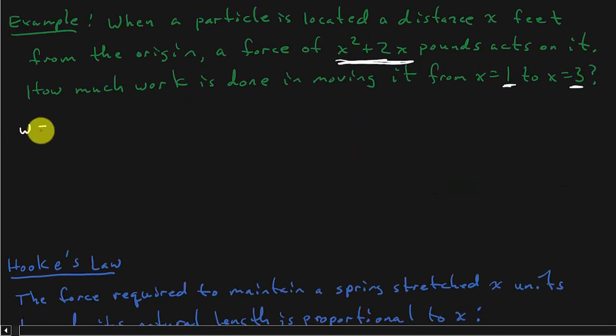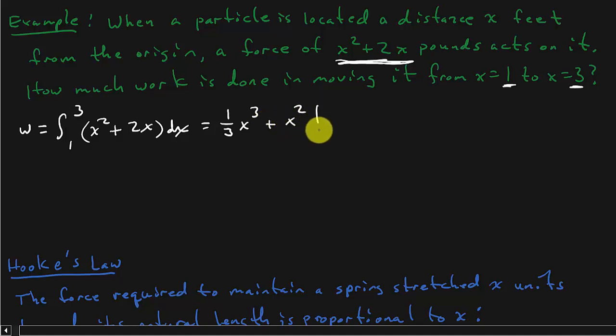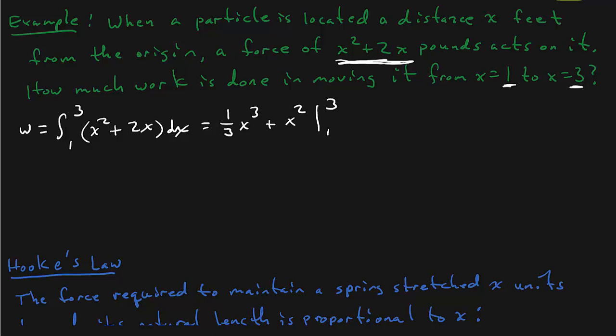And so the work is the integral from 1 to 3 of x squared plus 2x dx. So that's going to be 1/3 x cubed plus x squared from 1 to 3. All right, so what do we get when we evaluate this?